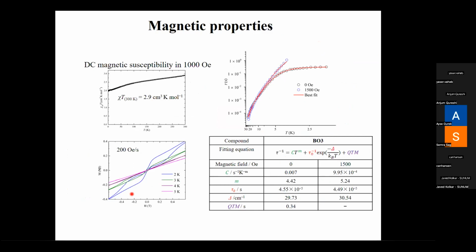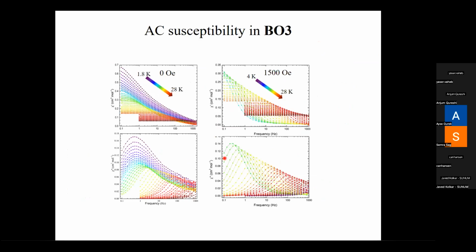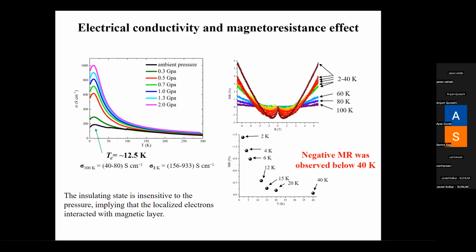So this shows actually it's a single molecule magnet, and also frequency dependence is observed. And also you can see this is electrical conductivity. This is the first example of metallic conductivity, and with increased pressure, conductivity increases 1,000 times. But a metal-insulator transition occurs around 7 Kelvin.